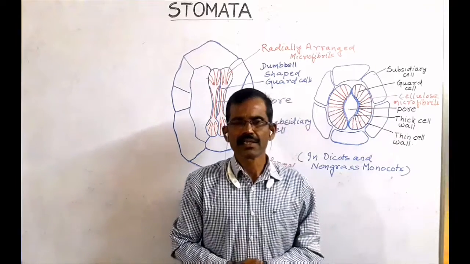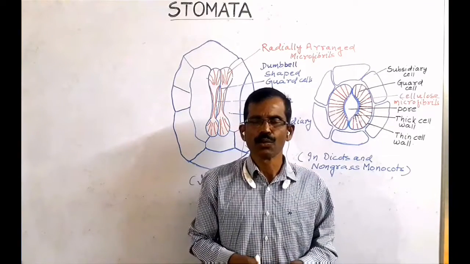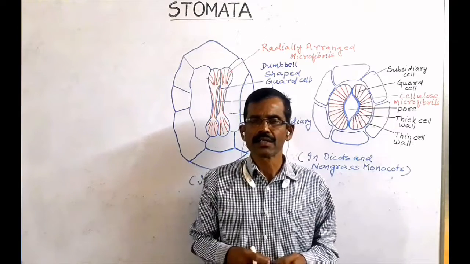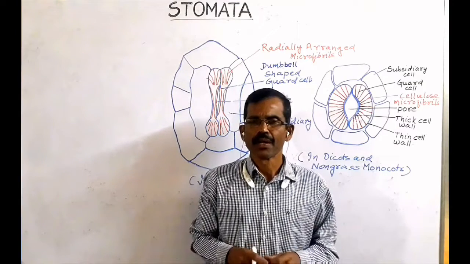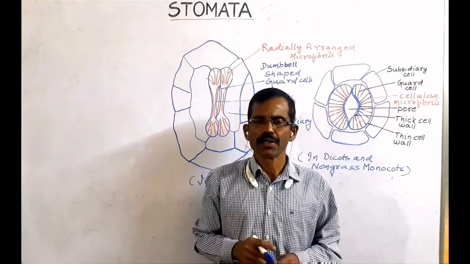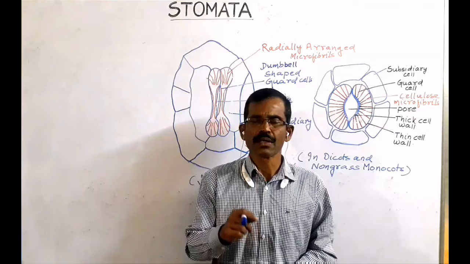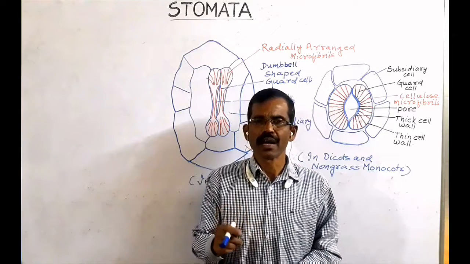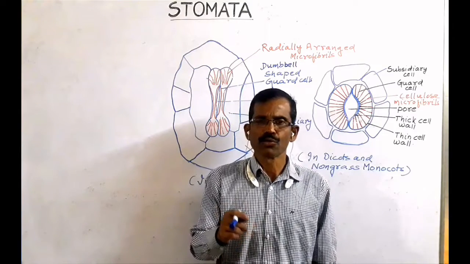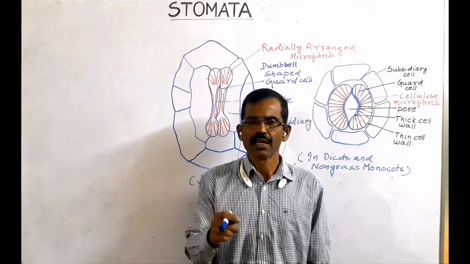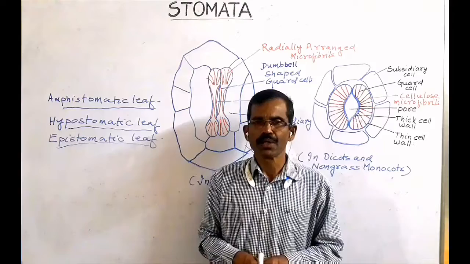The guard cells are specialized cells which can sense various environmental factors like light intensity, quality, temperature, humidity and intracellular concentration of carbon dioxide. In response to various environmental factors, the guard cells give appropriate response.